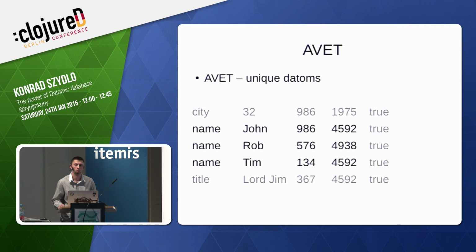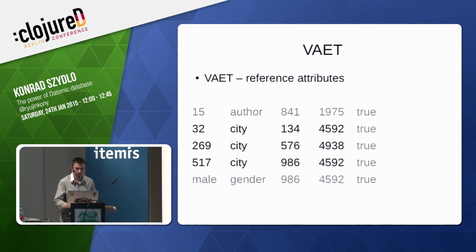It's only created for datums that we marked as unique, and it provides really fast lookup if you want to find values. And the last index is the value, attribute, entity, time index that provides us with fast lookup for references between different attributes, because in most systems you'd have entities that are correlated to one another.